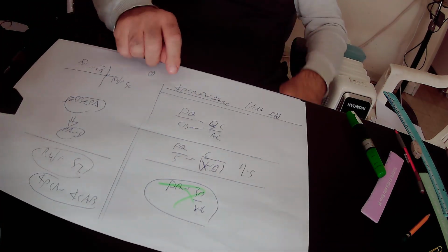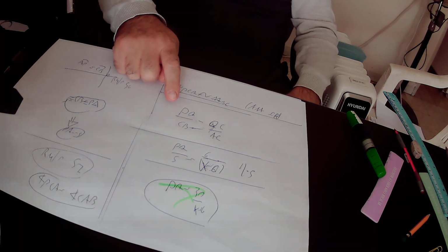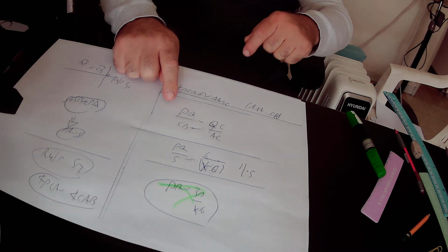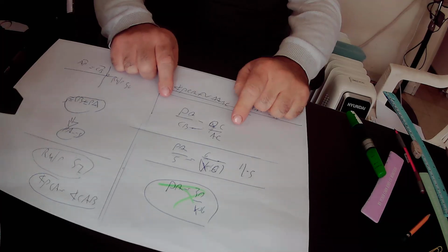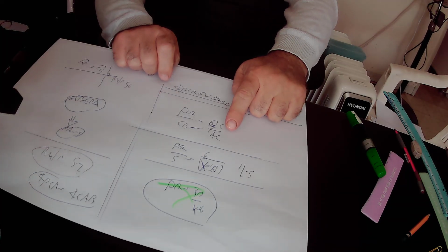Side PQ of the green triangle over side CB of the right lower triangle ABC is equal to side QC of the green triangle over side AC of the right lower triangle ABC.